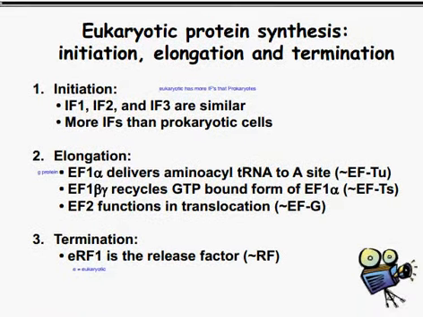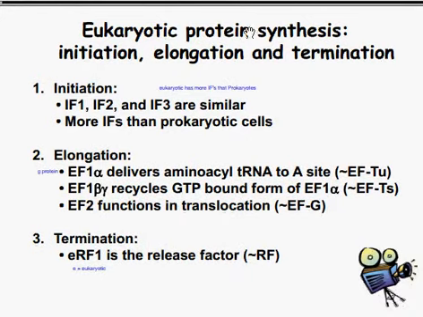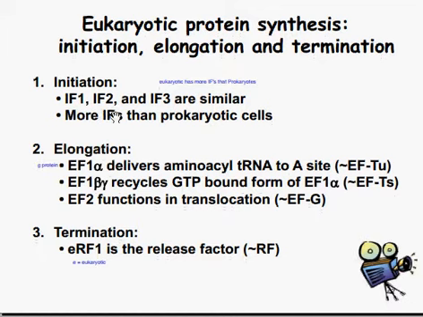Okay, so eukaryotic protein synthesis: initiation, elongation, termination, same thing we saw in the last video. The initiation is brought on by IF1, IF2, and IF3. They're very similar to what you see in a prokaryotic cell. The elongation has the G protein EF1 alpha, which delivers aminoacyl tRNA to the A site. It's equivalent to EF-Tu.